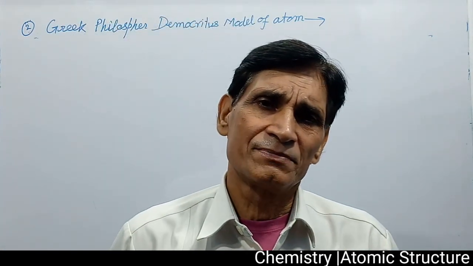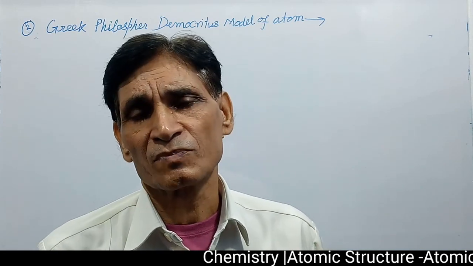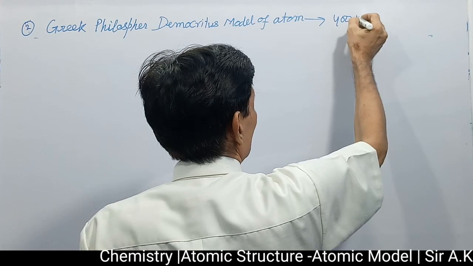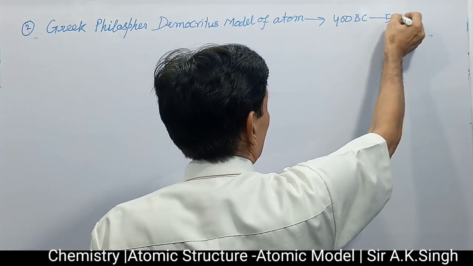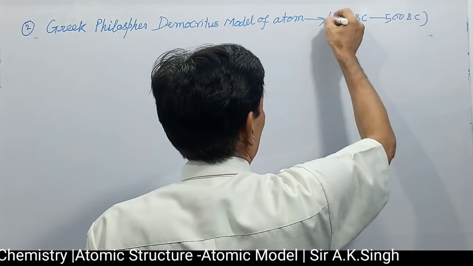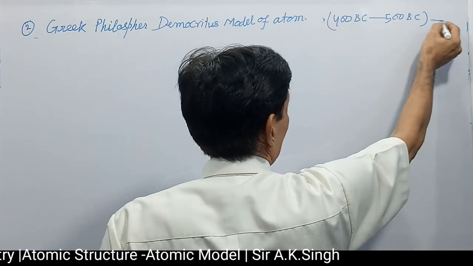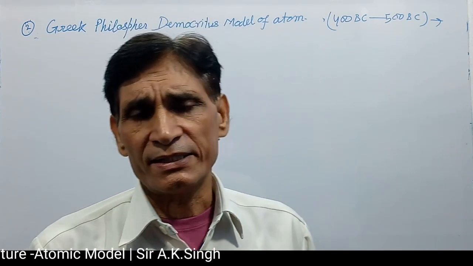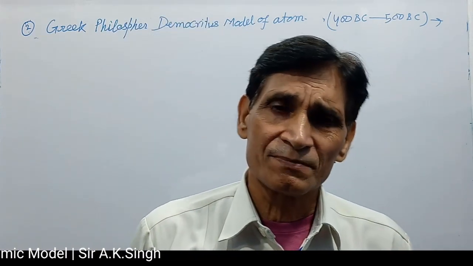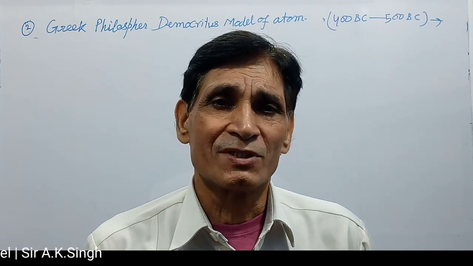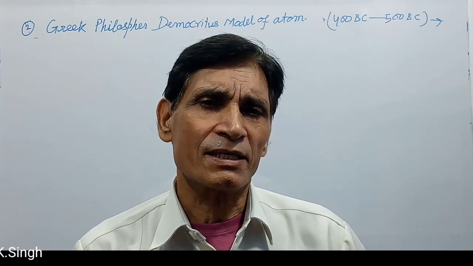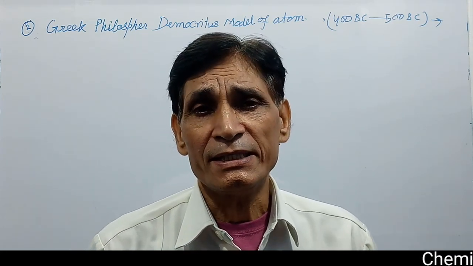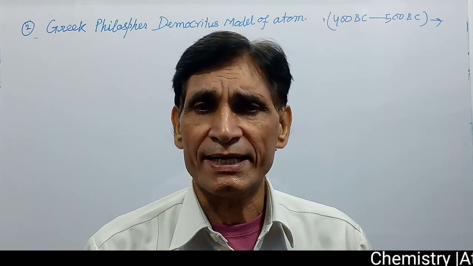According to this scientist, Greek philosopher Democritus, 400 BC to 500 BC, Parmanu, which are the ultimate simplest particle of matter, which are indestructible, he named these particles an atom.